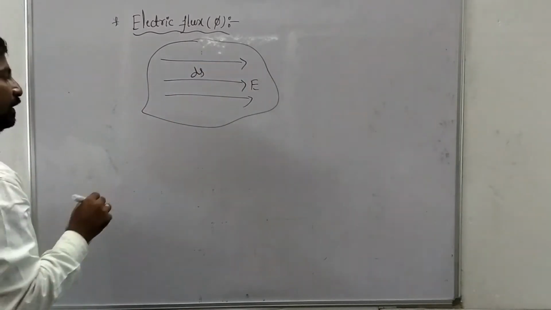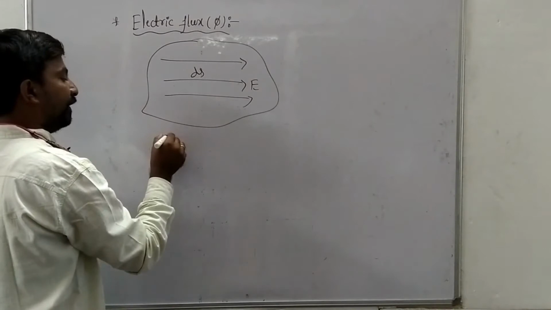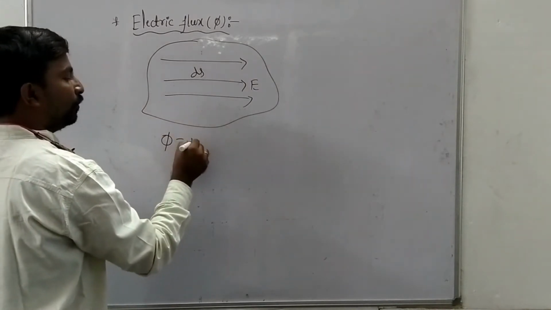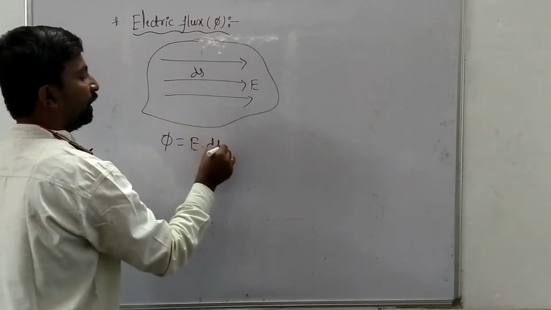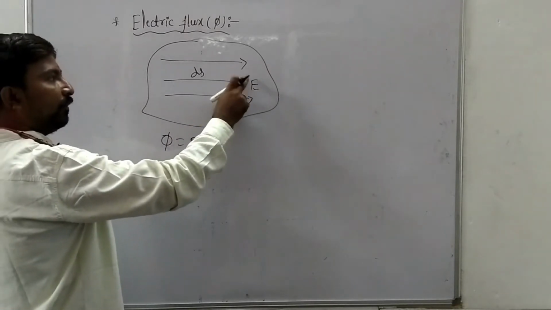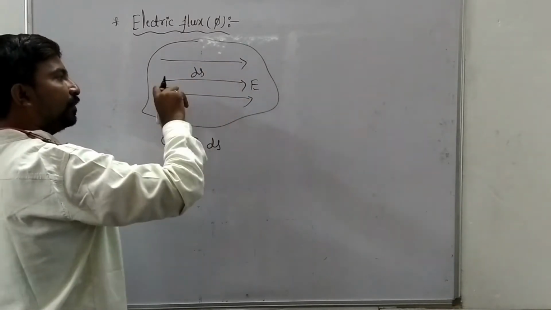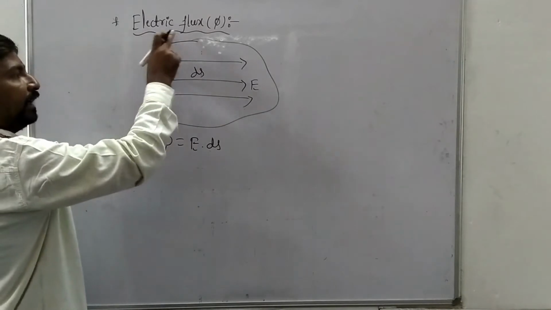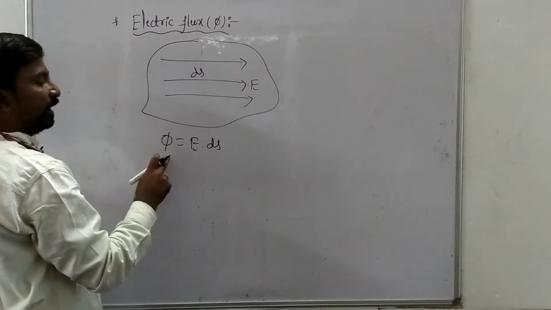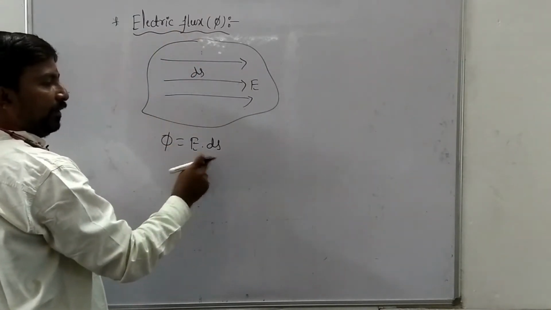Electric flux. It is defined as phi is equal to E into dS. The total number of electric field lines passing through that surface area is called electric flux. Symbolically, phi is equal to E into dS.